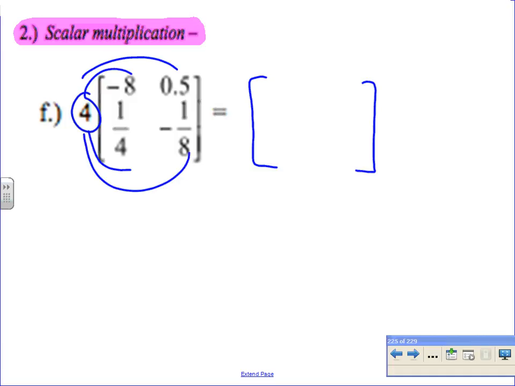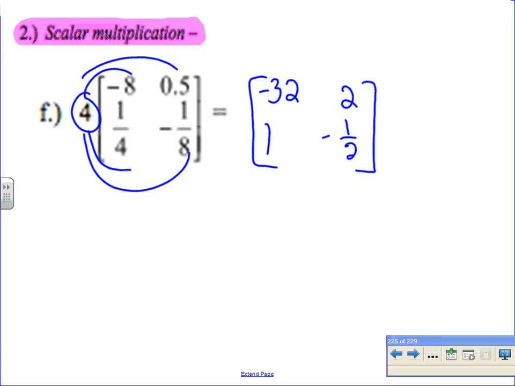So, Alyssa, what's 4 times negative 8? Negative 32. Donatus, what's 4 times 0.5? Good. Jeremy, what's 4 times 1/4? Good. Alex, what's 4 times negative 1/8? Good job. Positive or negative? Great job.